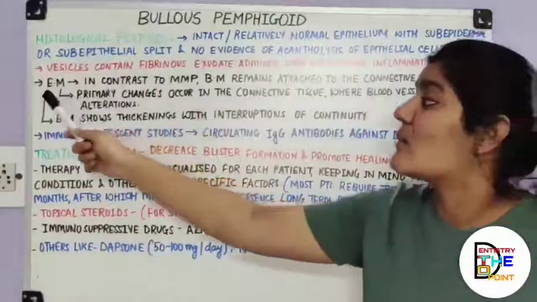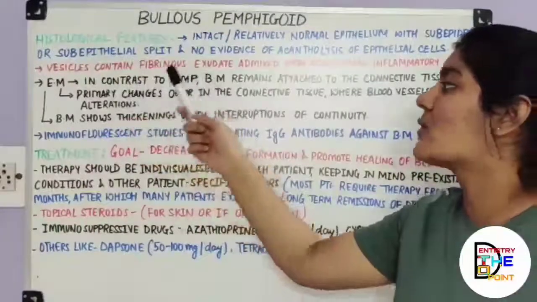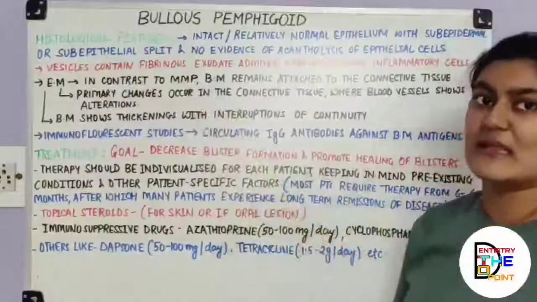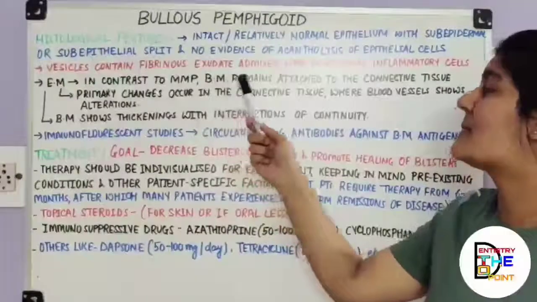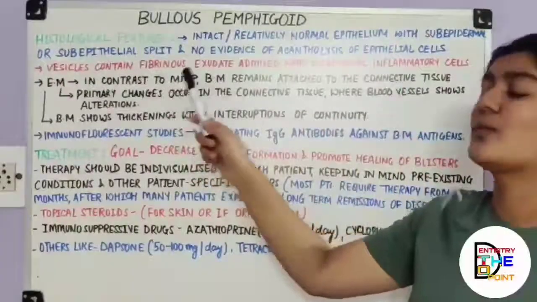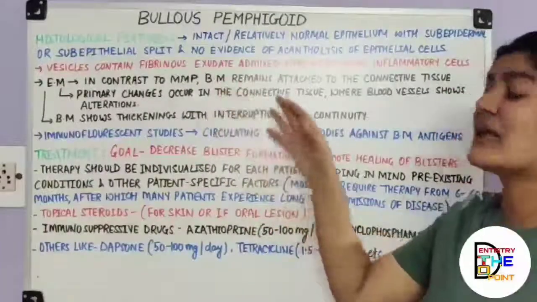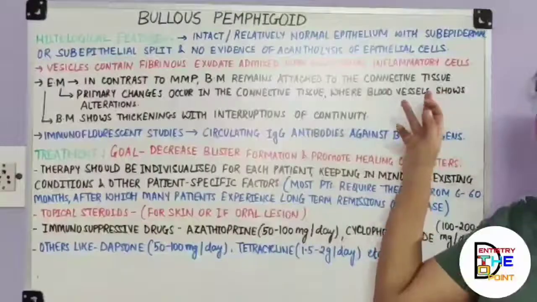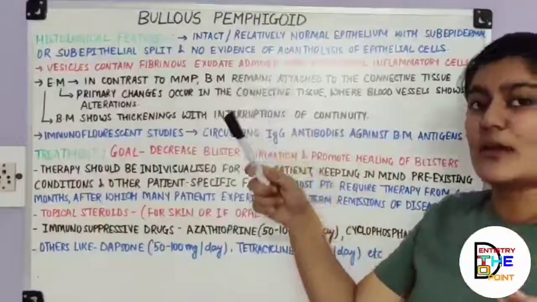When you do electron microscopy, in contrast to mucous membrane pemphigoid, which we will see in later videos, the basement membrane remains attached to the connective tissue. In mucous membrane pemphigoid, you will get to know that the basement membrane is not attached to the underlying connective tissue; it's relatively attached to the epithelium, but there you will get to know in detail.